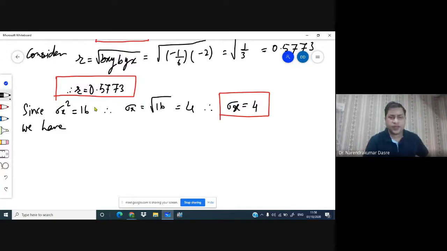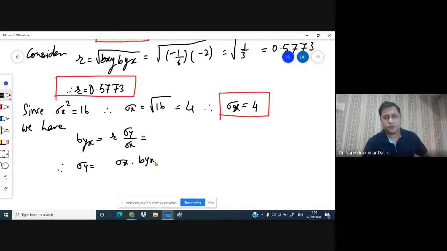And hence we can consider any coefficient, byx or bxy. So I'll have byx is equal to r into sigma y upon sigma x. We are interested in sigma y, so sigma y is equal to sigma x into byx upon r.